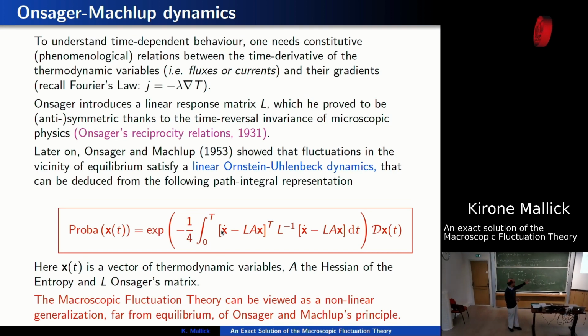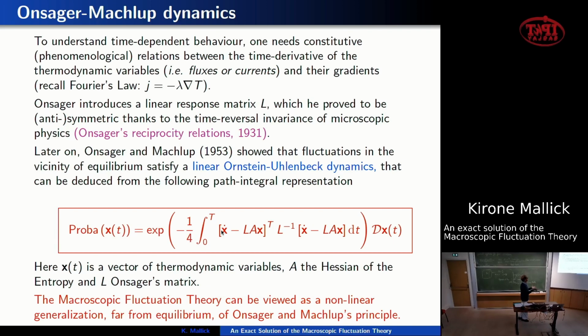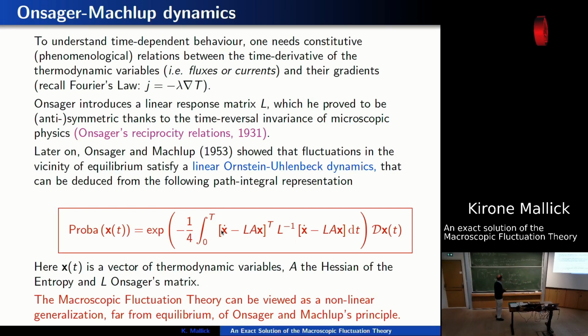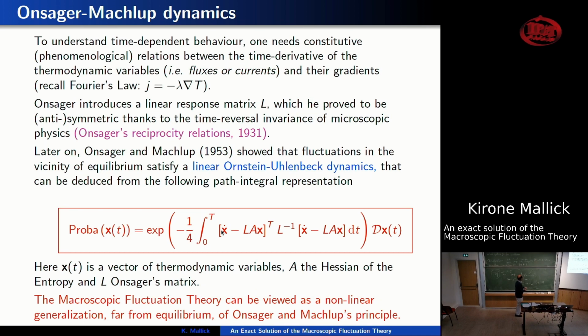So Fourier's law is the most basic law in this kind of phenomenological description. More generally, the currents are L, an Onsager matrix, times the gradients. Onsager proved in '31 that this matrix L is symmetrical, or antisymmetrical if you have some magnetic field or some rotations. So these are Onsager reciprocity relations, which are fundamentally based on time reversal invariance.